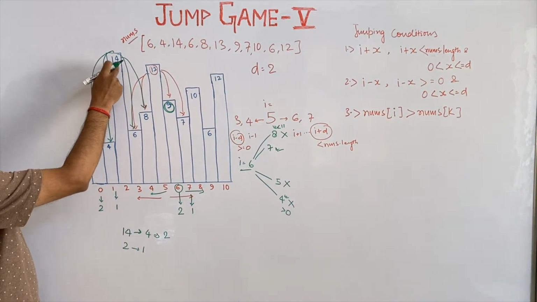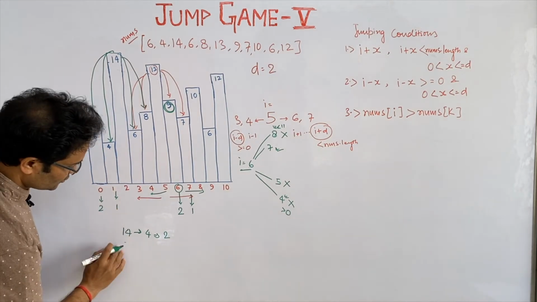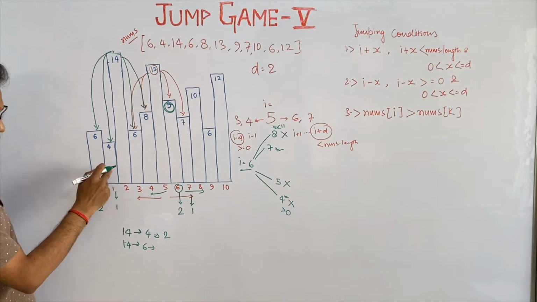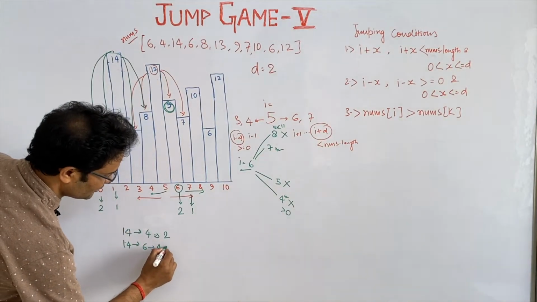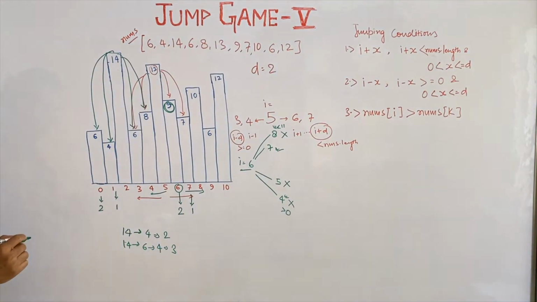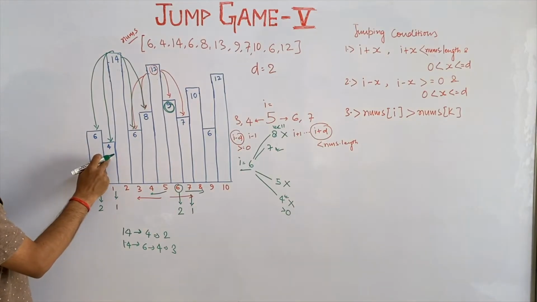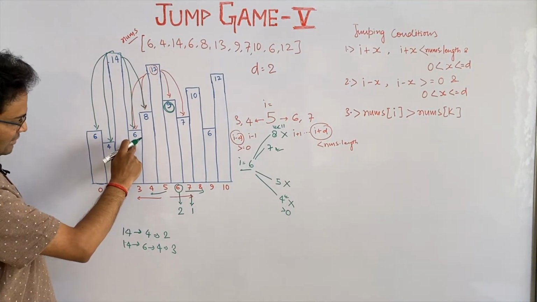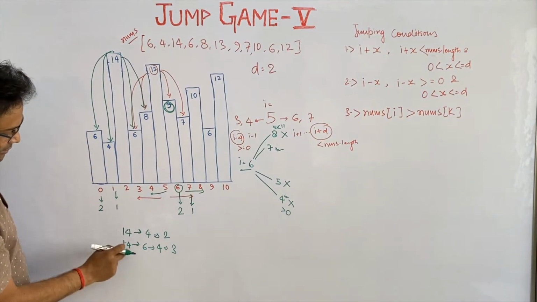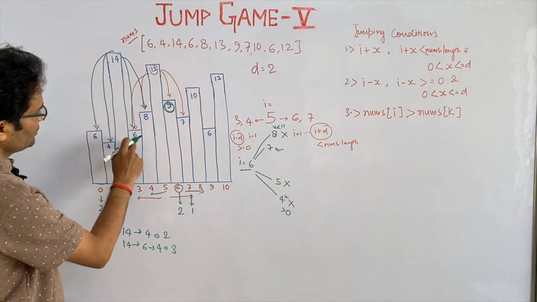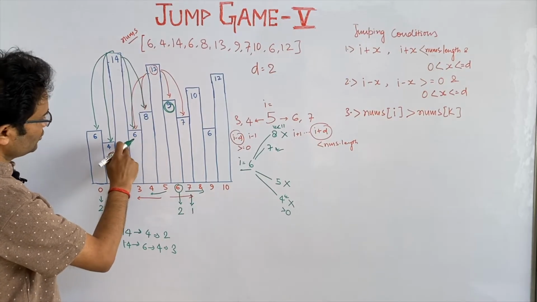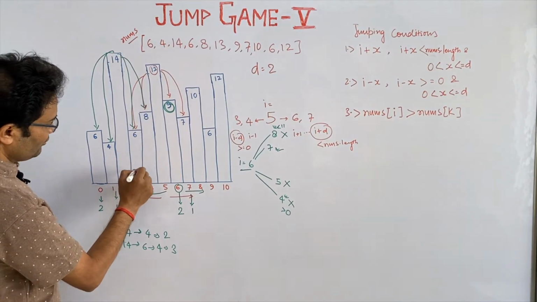If you take 14 to 6, and from 6 I can jump to 4, right? So in this way you will have the 3 values 1, 2, 3. Don't confuse with the values, I'm putting the value. From 14 to this one, and from here I cannot jump anywhere. So if you go this way we can only jump 2.